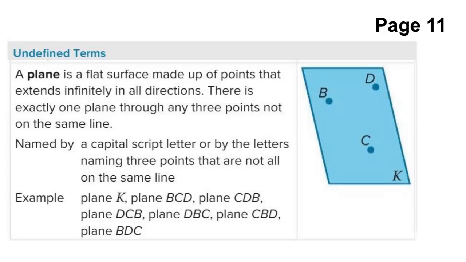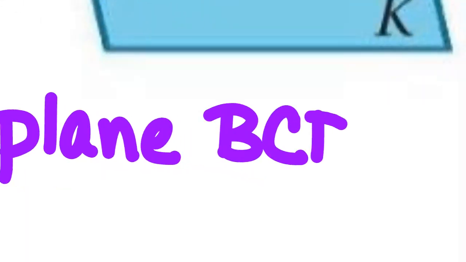So this plane right here, I could name it as plane BCD. That's one name for this plane. Just like on the previous example when we were talking about lines and I could do PQ or QP, the order didn't matter on those.